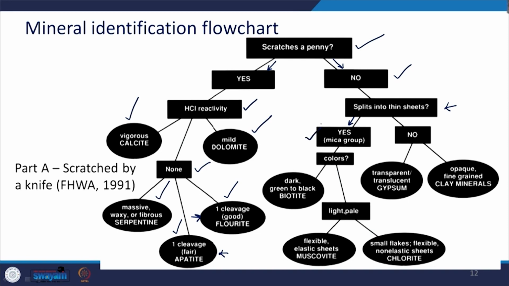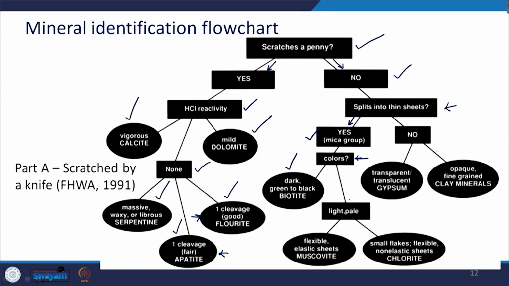Now, if it belongs to the mica group, then colors become very important in their identification. So, what are those things? If we have dark green to black colors, then it is biotite.